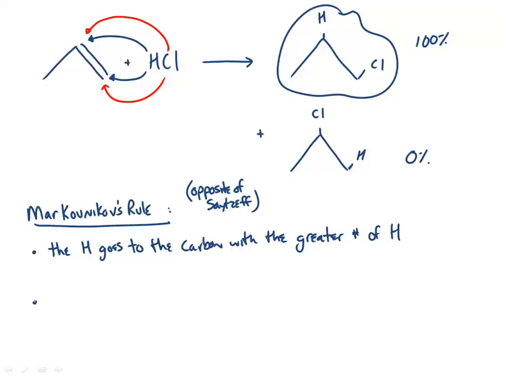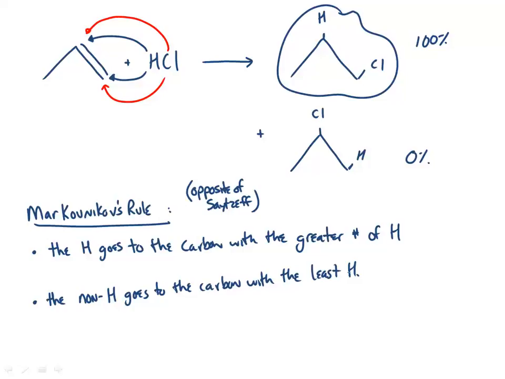Another way to phrase that is simply the non-hydrogen, meaning whatever else is there, goes to the carbon with the least hydrogens. Which is saying the opposite. If the hydrogen goes to the carbon with the most hydrogens, then obviously whatever else is being added has to go to the carbon with the fewest ones.